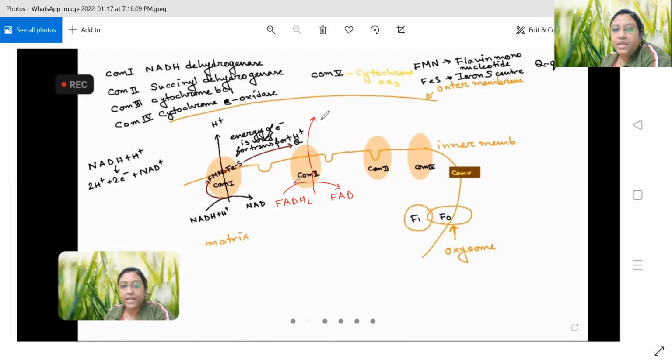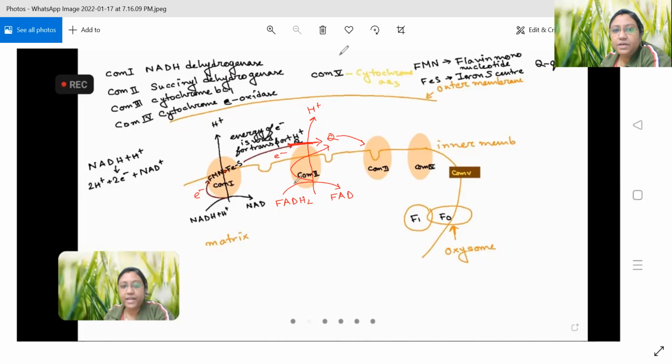Same way, the electron released by FADH2 also will ensure the transportation of proton in the perimitochondrial space. Now, the electron carried by this FES will be further carried by Q, and also the electron that is released by FADH2 is also carried by Q, and this electron will come to complex number 3.